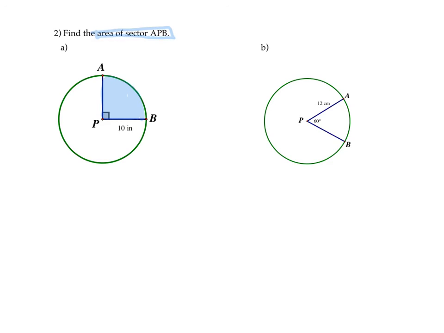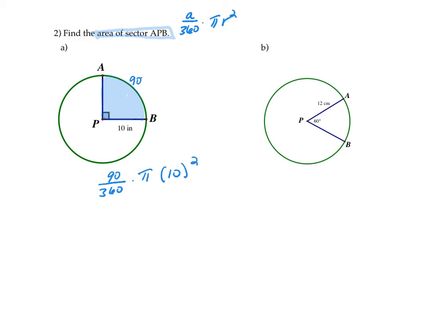So we want to take our A divided by 360 and multiply by pi r squared. Again, look to the central angle, it's 90 degrees. So we're going to use an angle of 90 divided by 360 times pi times our radius of 10 squared.